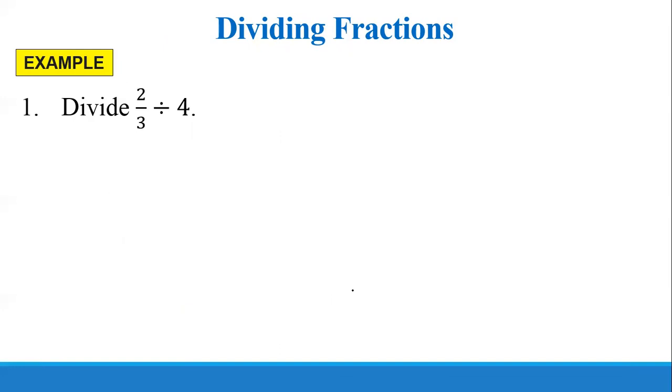Dividing by 4, or 4 over 1, is the same as multiplying by the reciprocal of 4, which is 1/4. So, 2/3 divided by 4 is equal to 2/3 times the reciprocal of 4, which is 1/4.